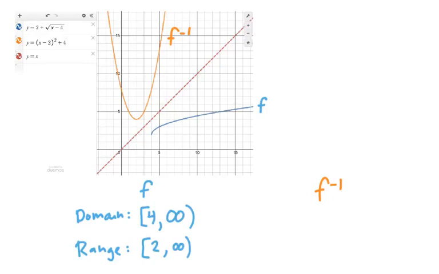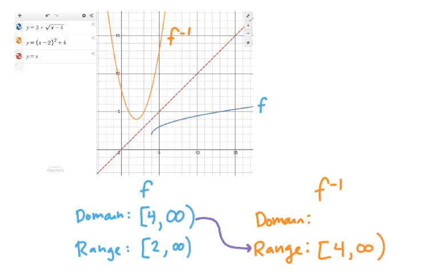And we probably expected that. It involved a squared term. But there is one important thing we know about the domain and the range of an inverse function, and that is they're basically the flip-flopped domain and range of the function. So the domain of f automatically becomes the range of f inverse, which means the range that we're working with should actually be 4 to infinity.